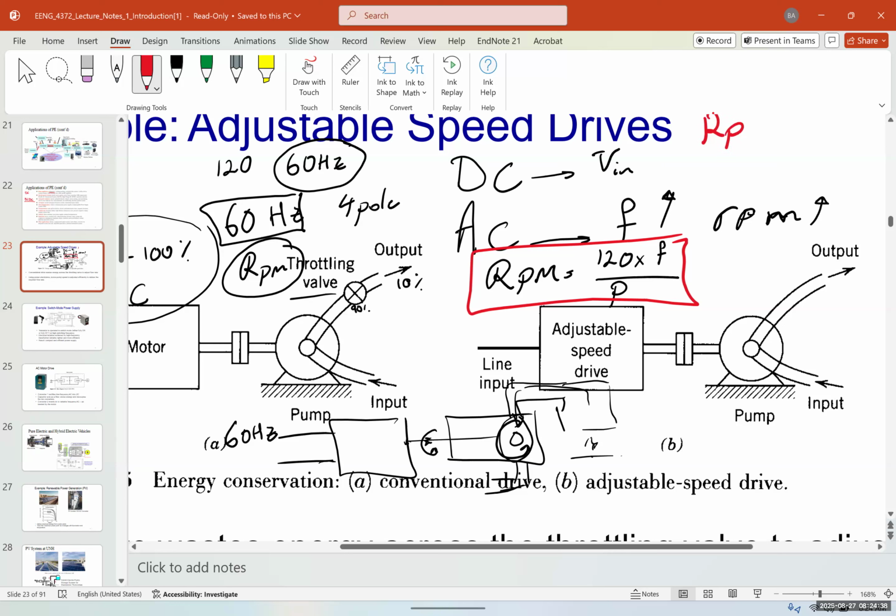Perfect, yes. So the RPM would be 120 times 60, divided by 4. So this and this creates 3. So RPM would be 1800.